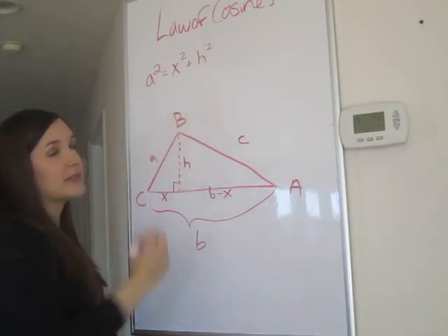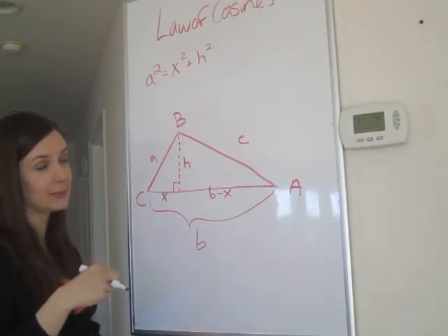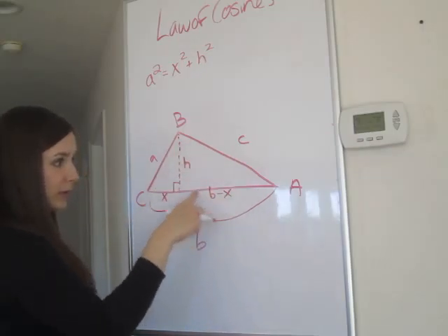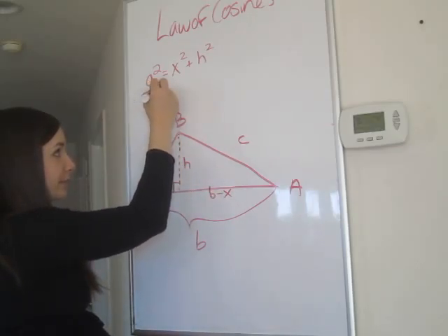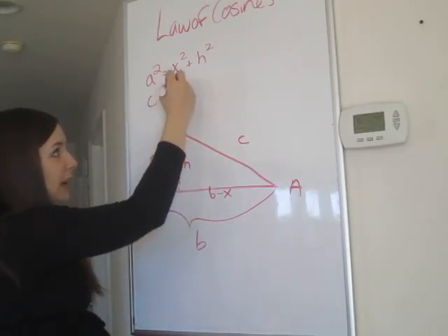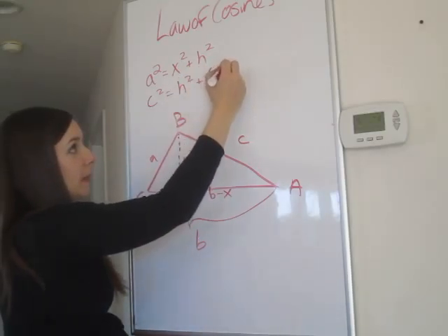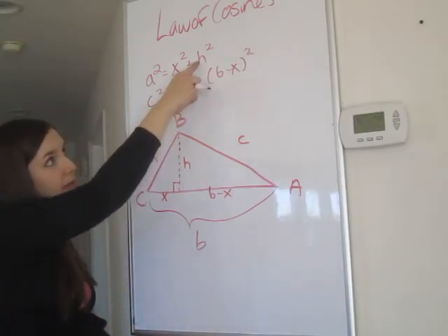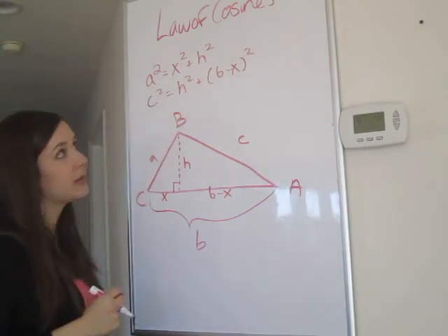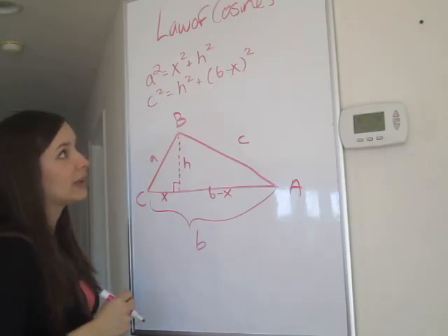And again, just like with law of sines, we're looking for some similarities in this one to another equation so we can do some substitution. So over here, we have c squared is equal to h squared plus this quantity squared. Okay, we have some similarities there, so we should be able to write an equation that combines them together.